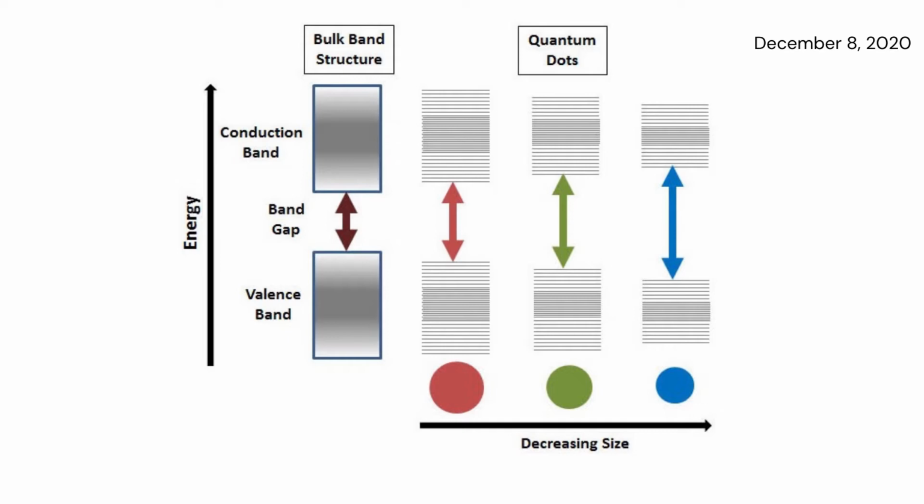Quantum dots have different sizes and shapes and are made of a limited number of atoms, as we have discussed earlier, and we have sets of individual energy levels. These sets of energy levels are close together, but still we have a band gap between these sets of energies.